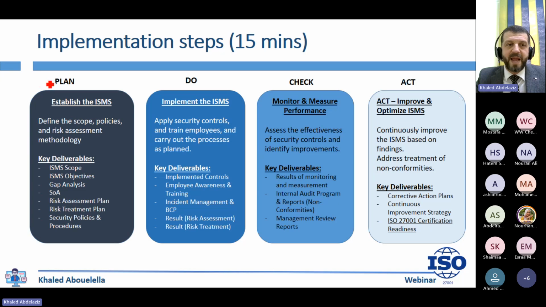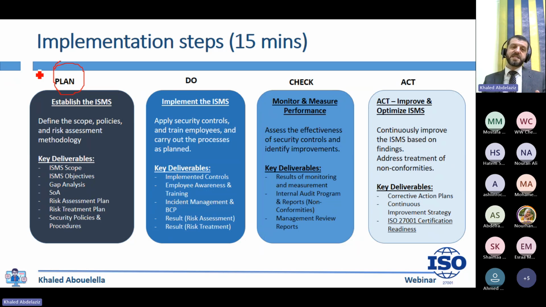Phase 1 is the planning. Normally, we start with project planning and leadership buy-in. In the planning, we need to secure management support. You need to explain the benefits to the management to support you.